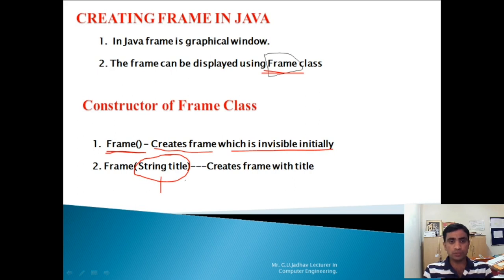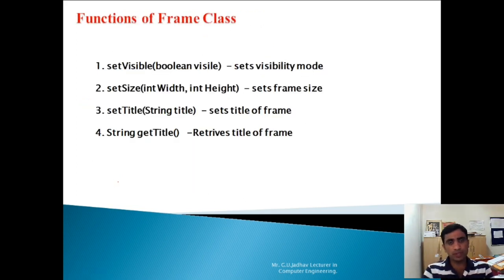Whatever we pass to this constructor, that string will be placed on the title bar of the frame. When you use this constructor, it will create a frame with a title, but again it will be invisible initially. So these are the two constructors of the Frame class.